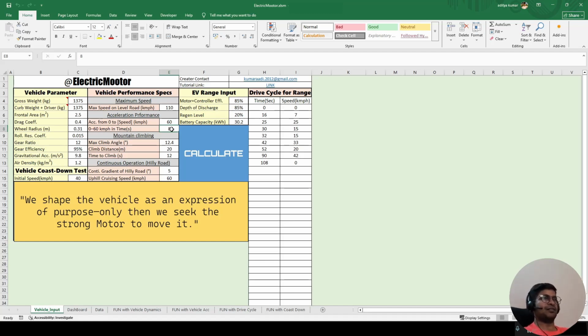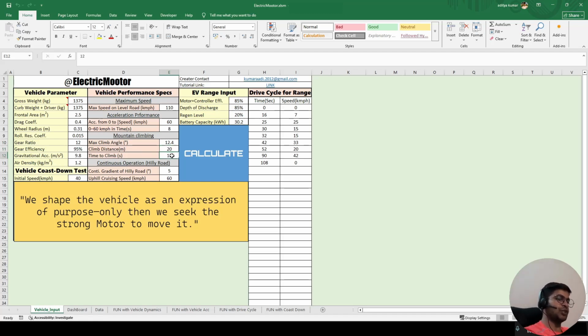Now for max torque, the next vehicle performance that we want is mountain climbing. I have taken the inclination of the mountain road as 12.4 degrees. The climbing distance is 20 meters, and the time to climb is 12 seconds.